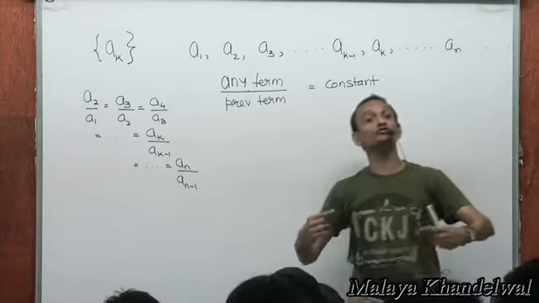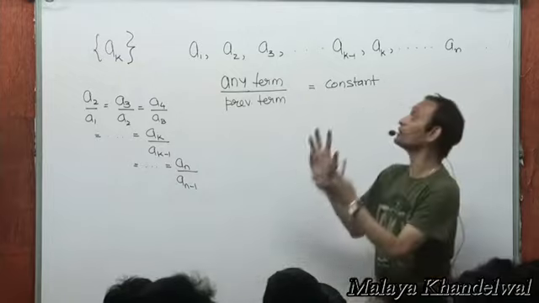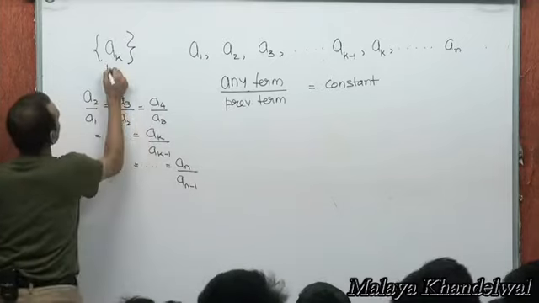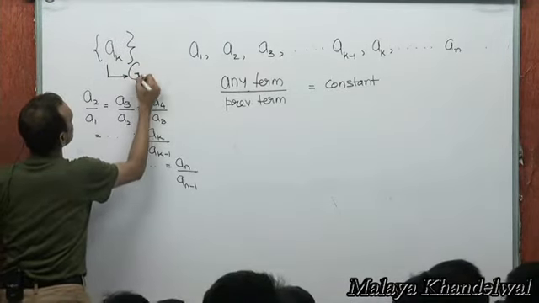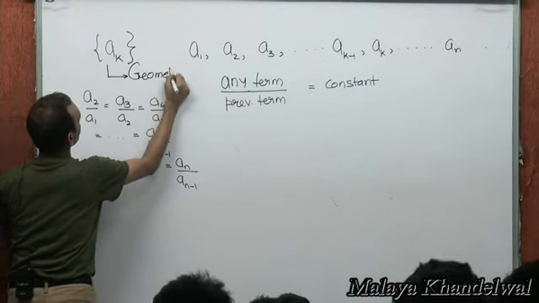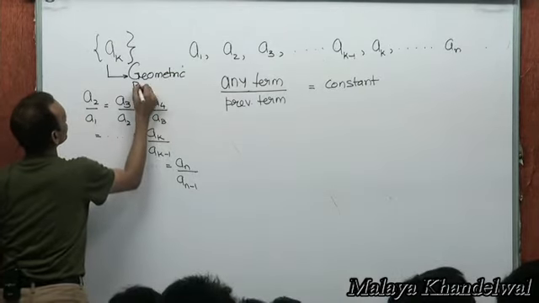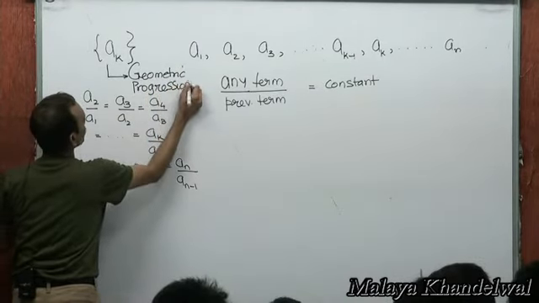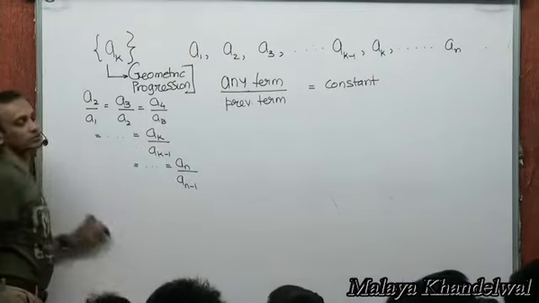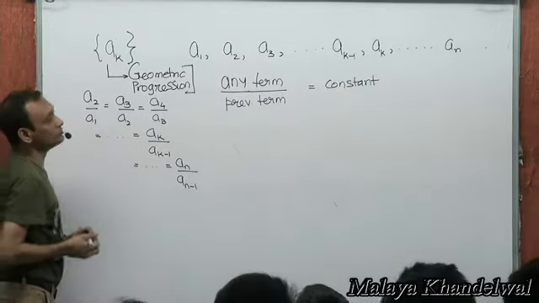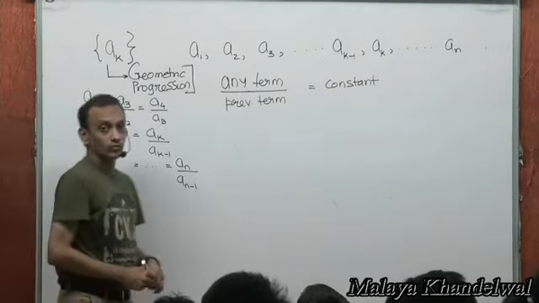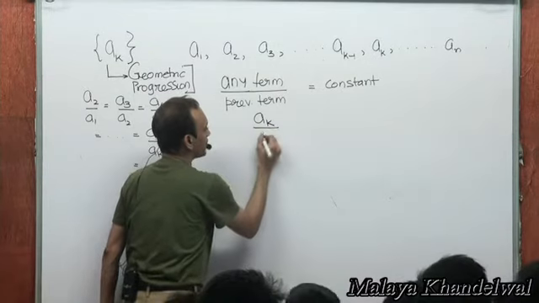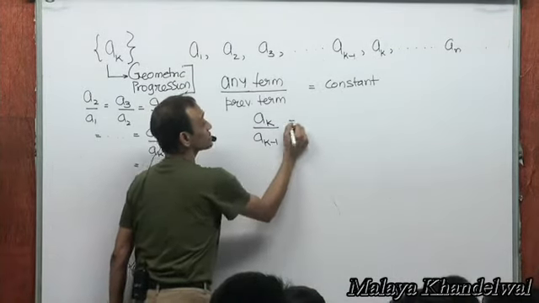If the ratios of consecutive terms are preserved, then the sequence is said to be a geometric progression. So, in general, any term by previous term is a constant.